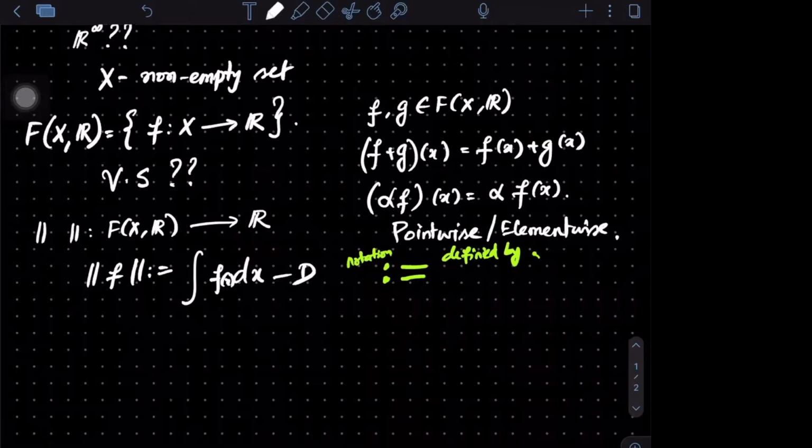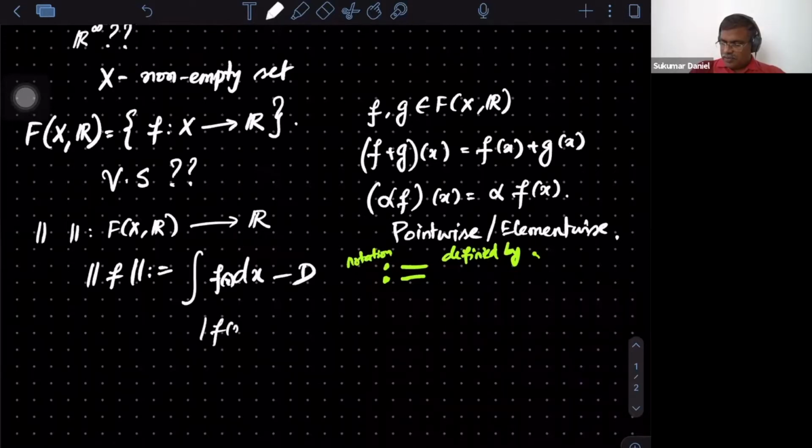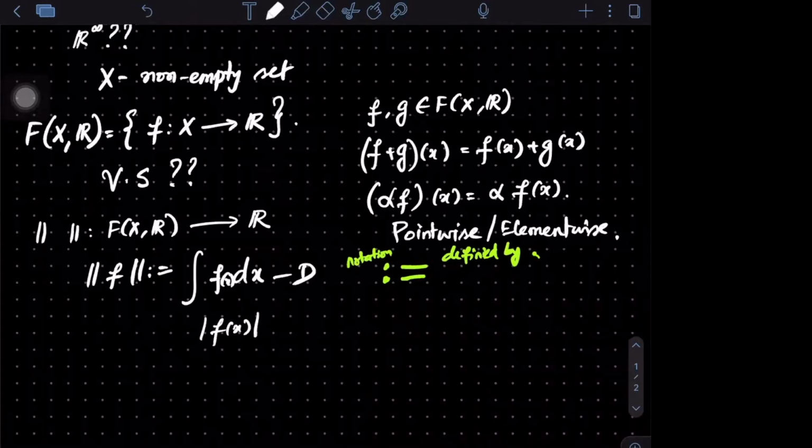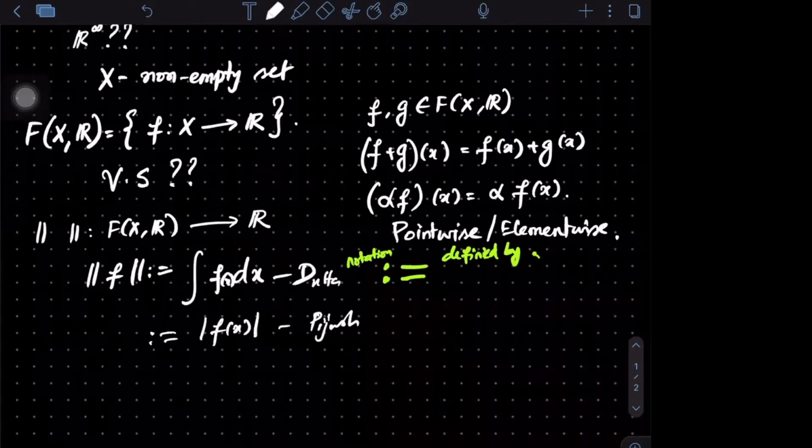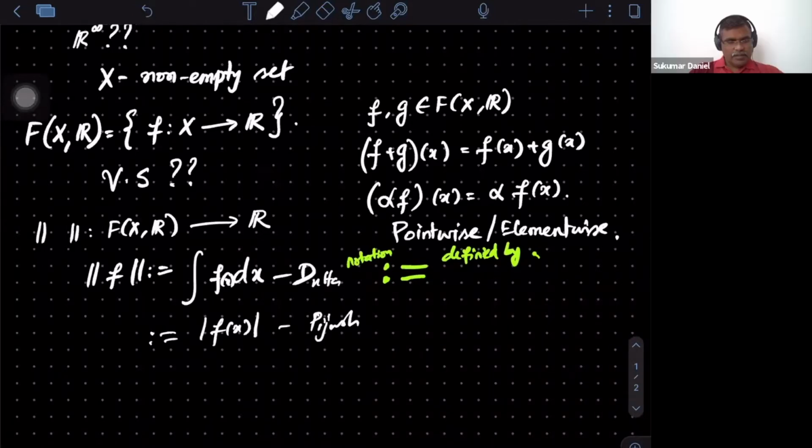Modulus of f of x. Okay, you are saying the modulus of f of x. What is the x? This is by Piyush. I think that is not a norm. Any other answers?